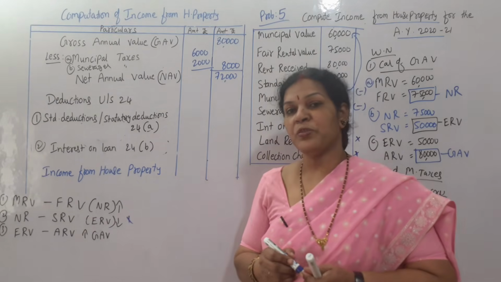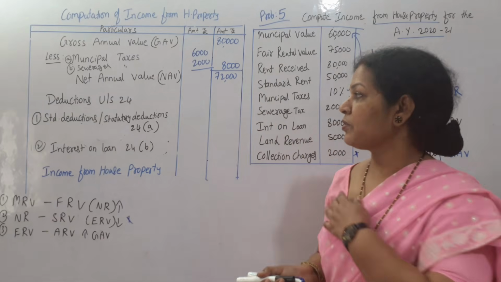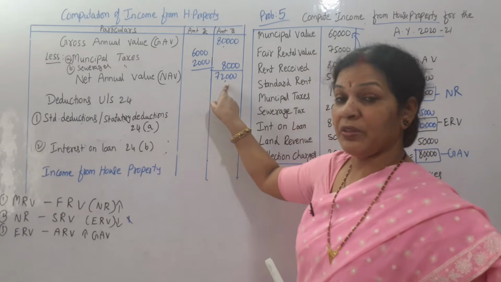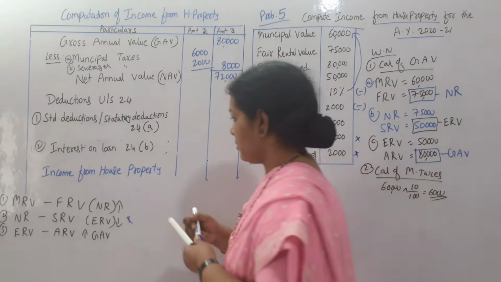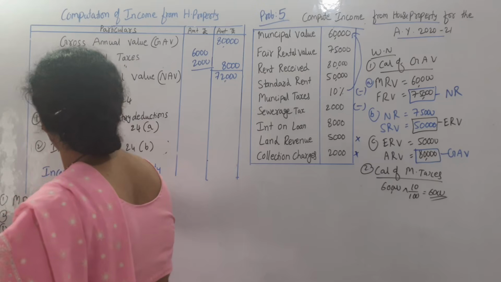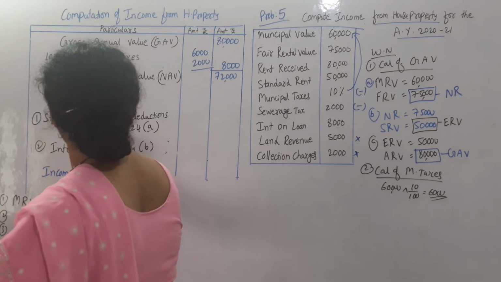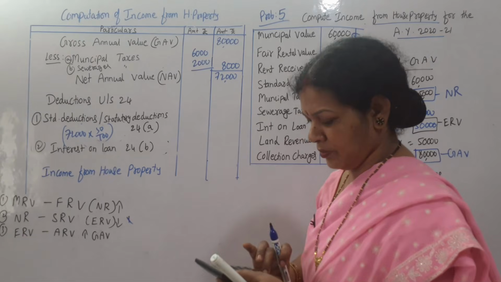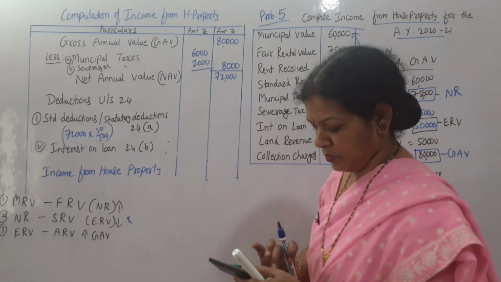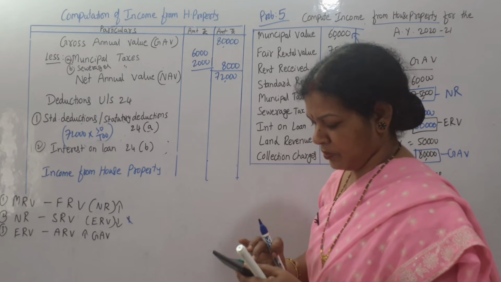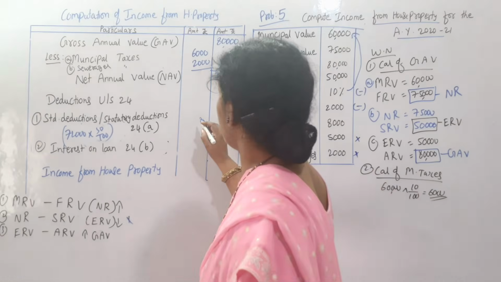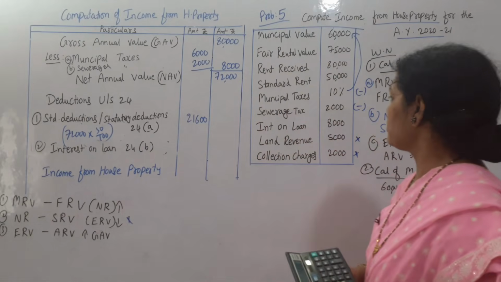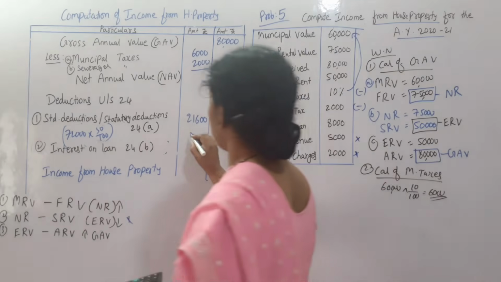Now as per the Section 24 deductions, first of all the standard deduction is 72,000 into 30%, which comes to 21,600. And also interest on loan, which is given as 8,000, we will take here.